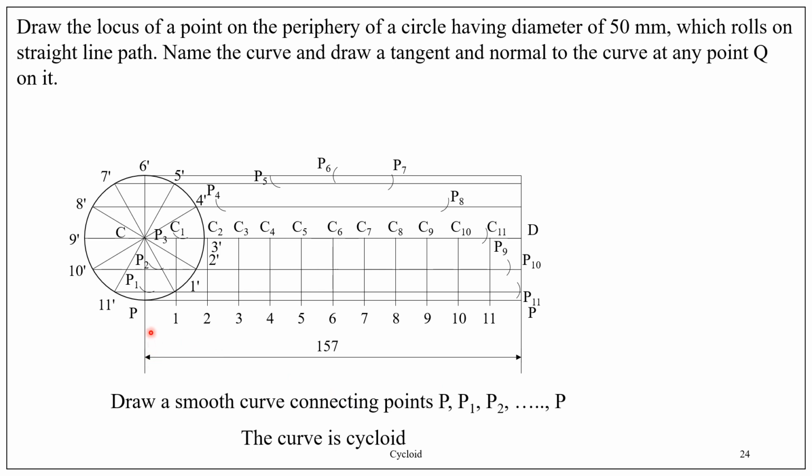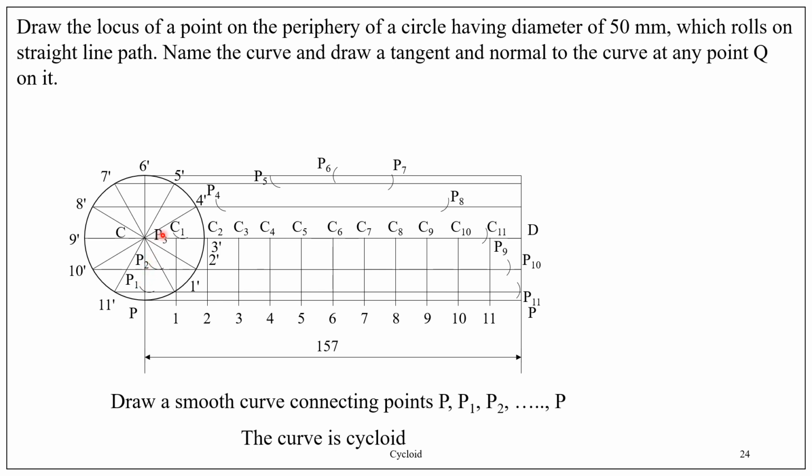That means the circle starts rotating from this position. When it completes, the point P will reach the bottommost position again at a distance of 157 millimeters from the starting point.